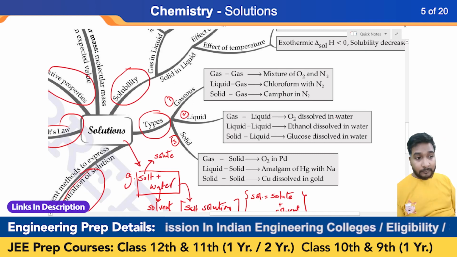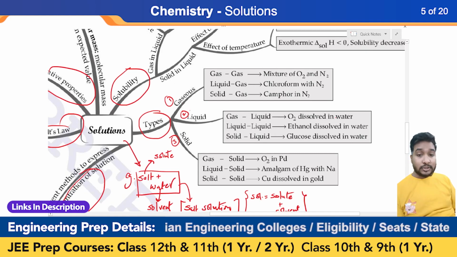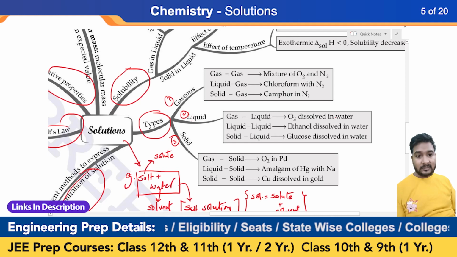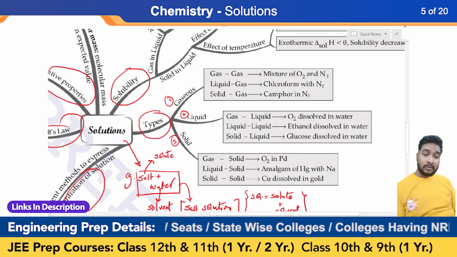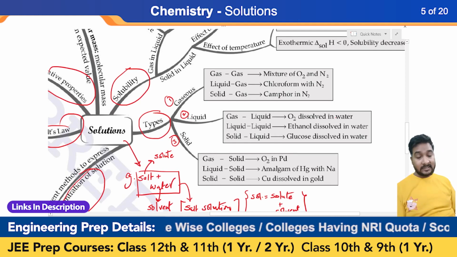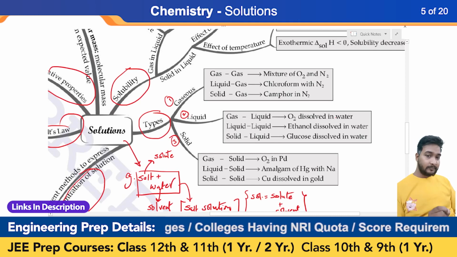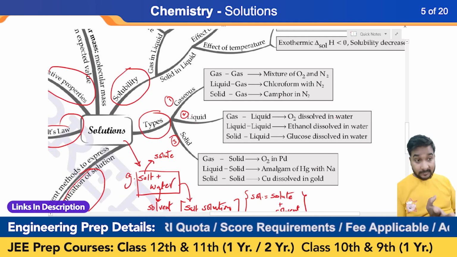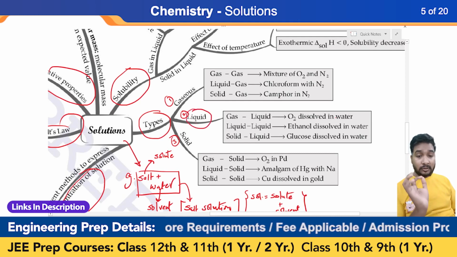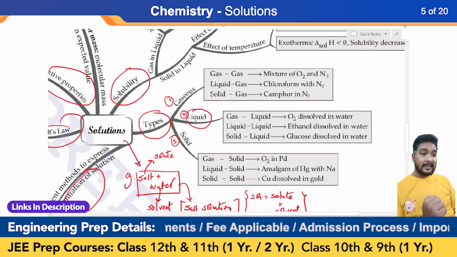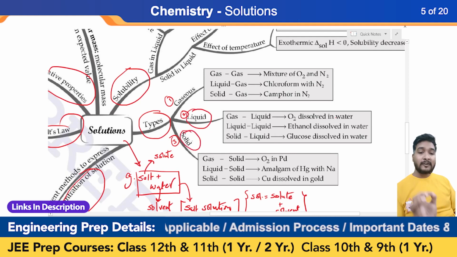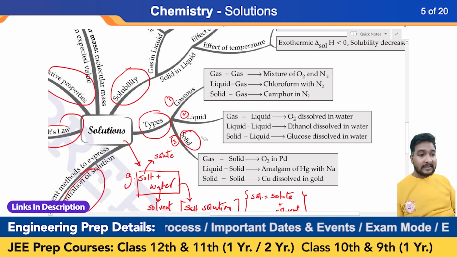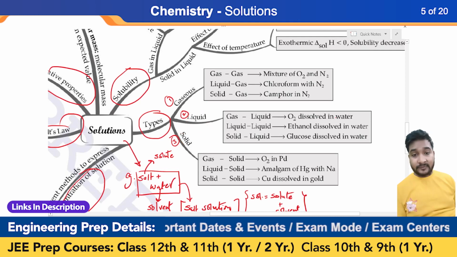It means if I am talking about the gaseous solution, the solvent must be gas in all conditions. Solute may change, solute may be solid, liquid, or gas, but the solvent must be in gaseous phase. Similarly, for liquid solutions, the solvent must be in liquid phase, and similarly for solid solutions, the solvent must be in solid state.